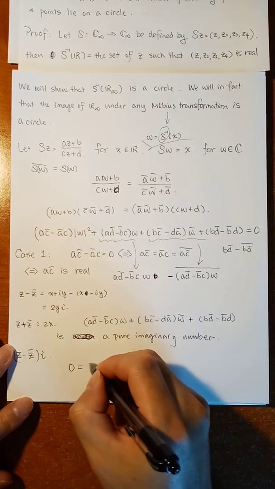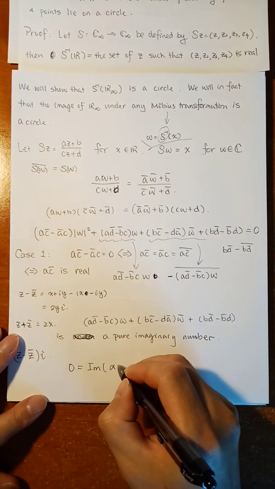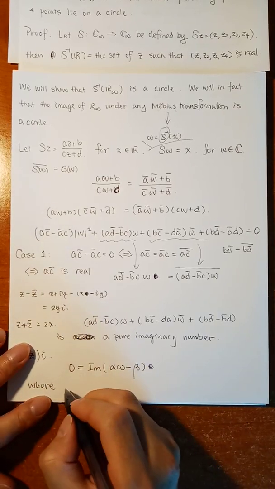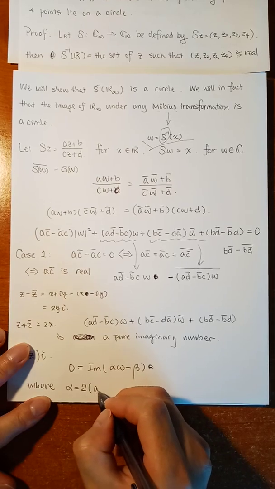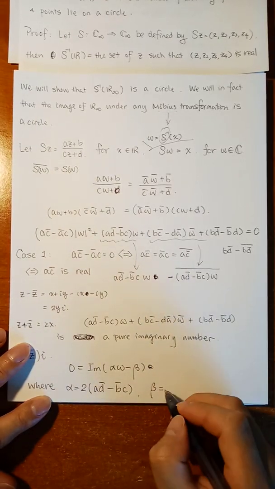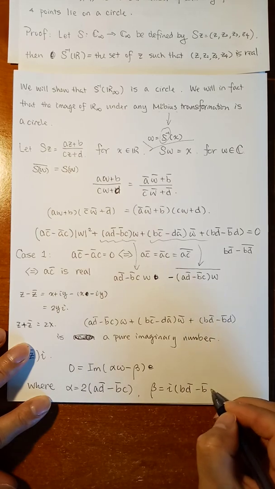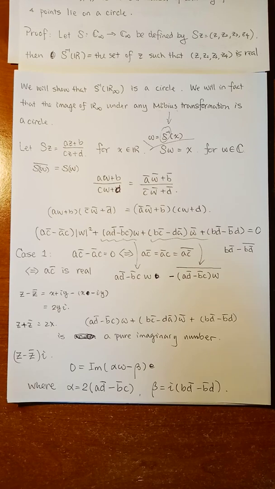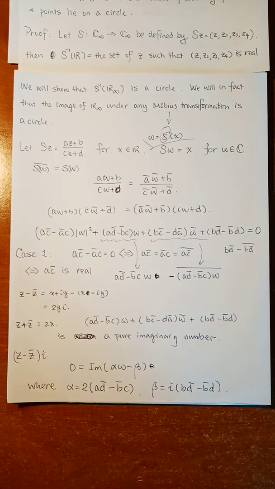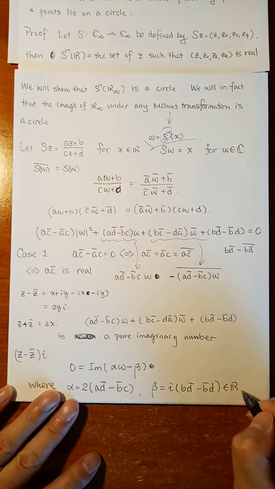That is the reason you get the imaginary part of alpha times W minus beta equal to 0, where alpha equals 2 times AD bar minus B bar C, and beta equals I times BD bar minus B bar D. So that's how we come up with this imaginary part, and this beta is a real number.